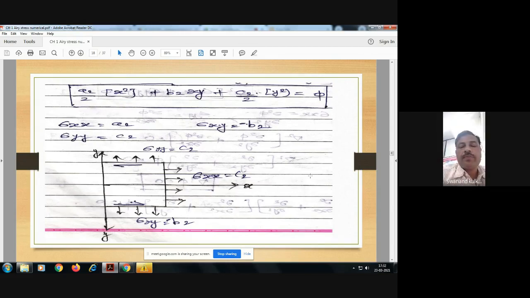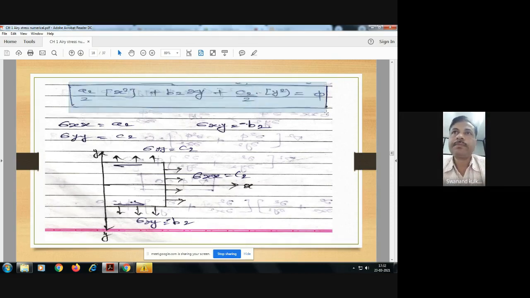sigma xx is equal to ∂²φ/∂y². So if we take the differentiation with respect to y, what will we get?